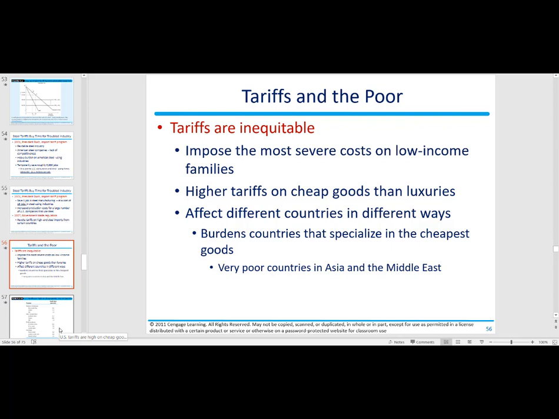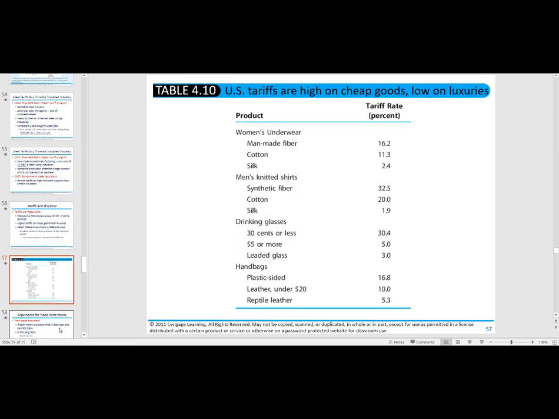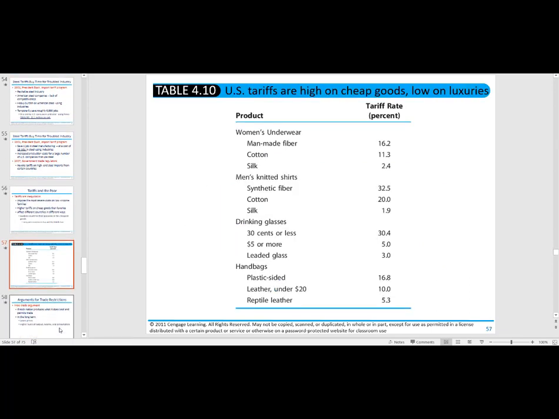Another interesting issue related to tariffs is that they unequally impact different people, and typically it's more aggravated among the poor. Look, for example, talking about handbags. If you buy the cheap stuff, plastic-made handbags, the average tariff on those products is 16.8%.